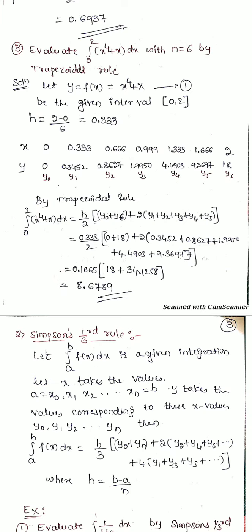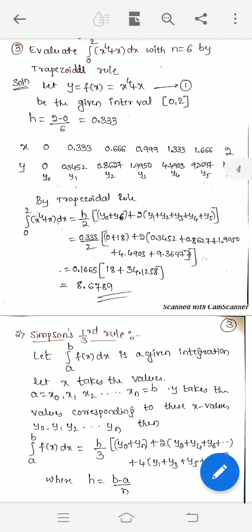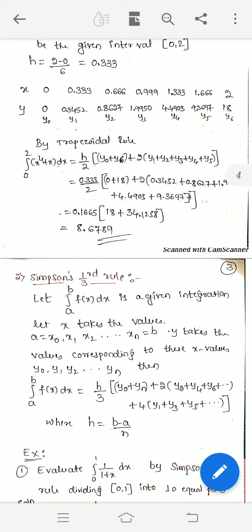Okay, so next, corresponding to these x values, we have to calculate the y values. If x equals 0, then by equation number 1, y equals 0. Similarly, if x equals 0.333, then the y value we get is 0.3452. Like that we have to calculate all these y values by equation number 1. Here these are y0, y1, y2, y3, y4, y5, and lastly the y6 value.